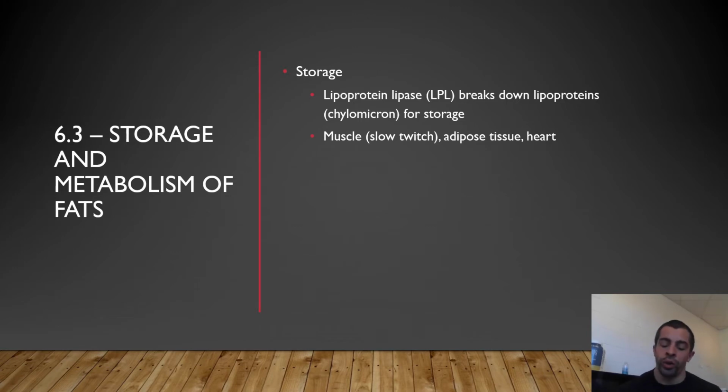As far as storage goes, once the lipoproteins, the chylomicrons, transport the fatty acids throughout the body, they have to be broken down, and that's where lipoprotein lipase comes in. It starts to break down the chylomicrons, and from there, they can be sent to our muscle, usually our slow twitch, our adipose tissue, that's our fat around our body, or our heart.